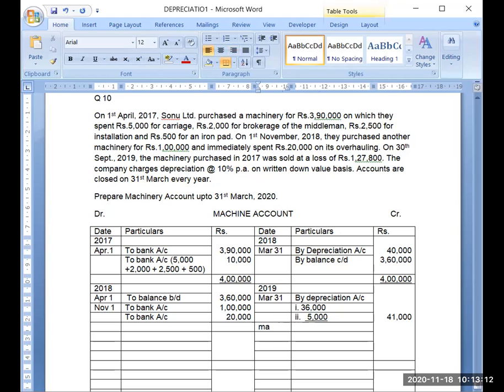March 31. By balance carried down. And second machine.